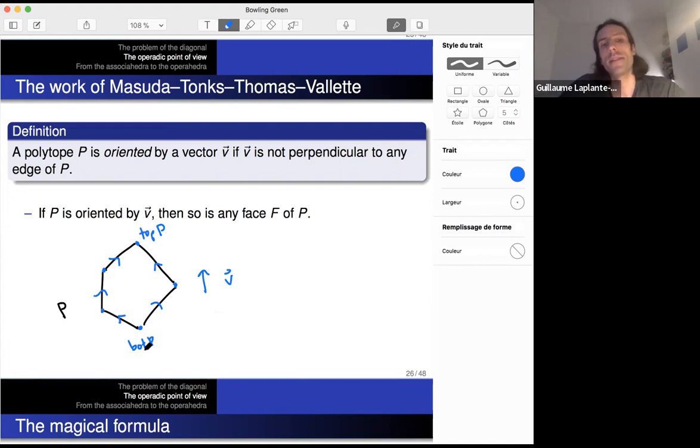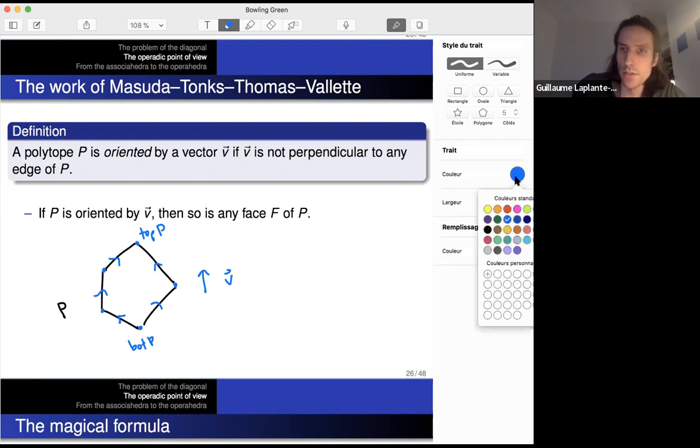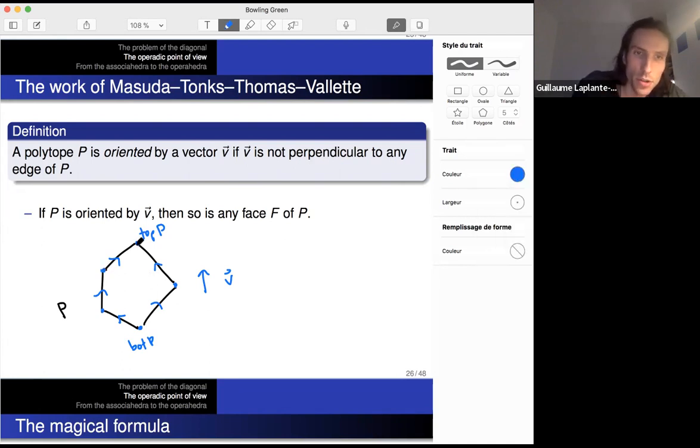And notice that if a polytope is oriented by V, then any face of P, which is also a polytope, is also oriented by V. Intuitively here, you have 5 faces of dimension 0, these are the vertices. You have faces of dimension 1, these are edges. And you have 1 face of dimension 2 in the middle.